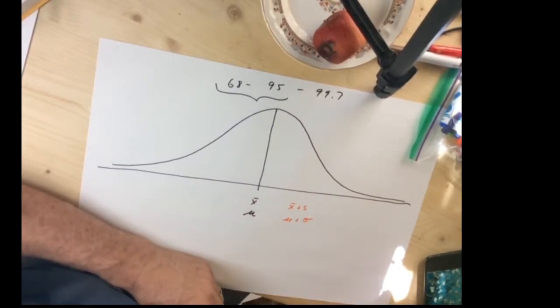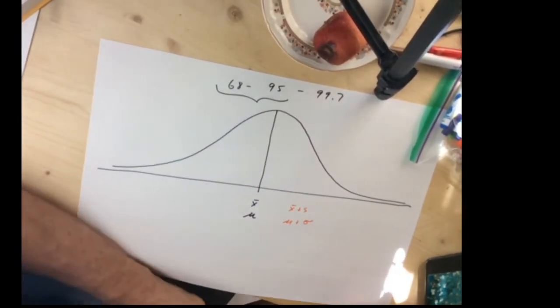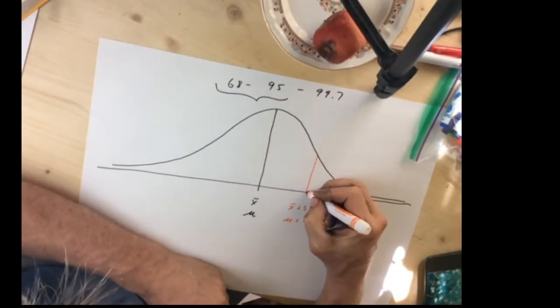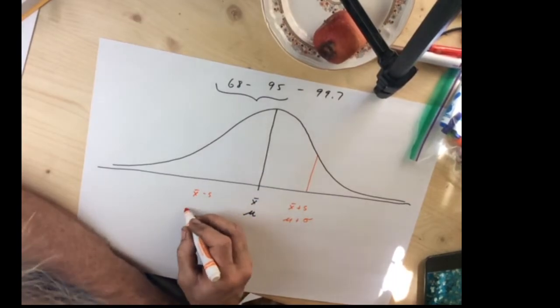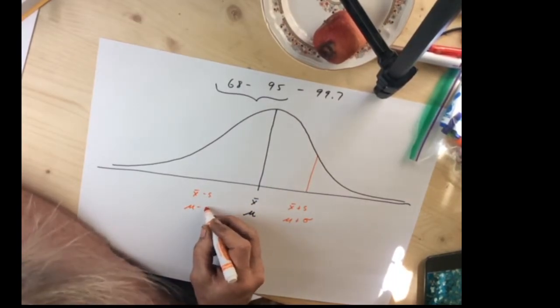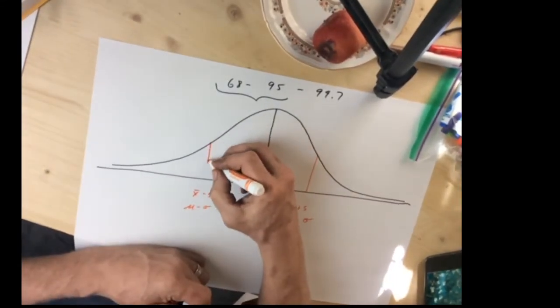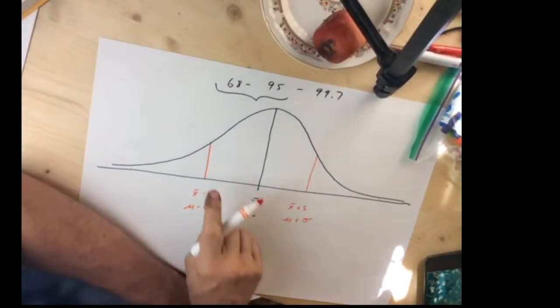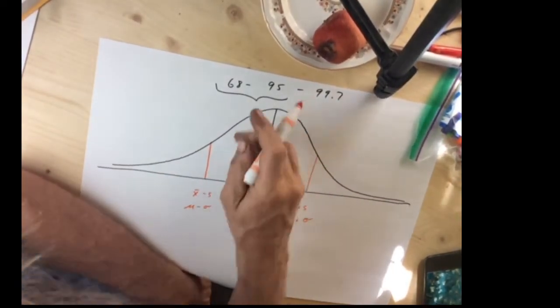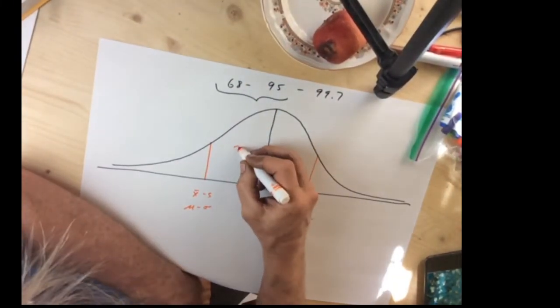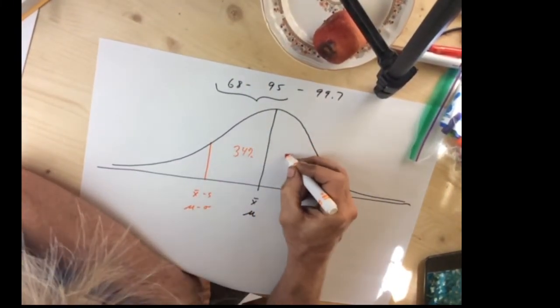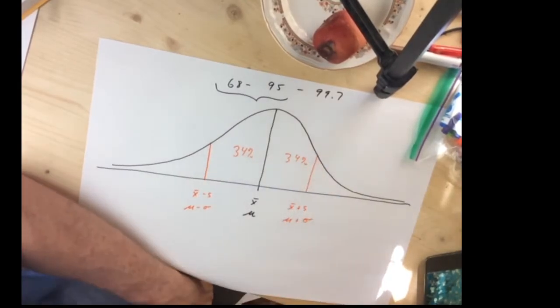It looks like somebody with their hair blowing or whatever. And if we subtract off s, or we have the actual average minus the actual standard deviation, sorry, we usually get approximately 68% of the population, which means we expect 34% here and 34% here.